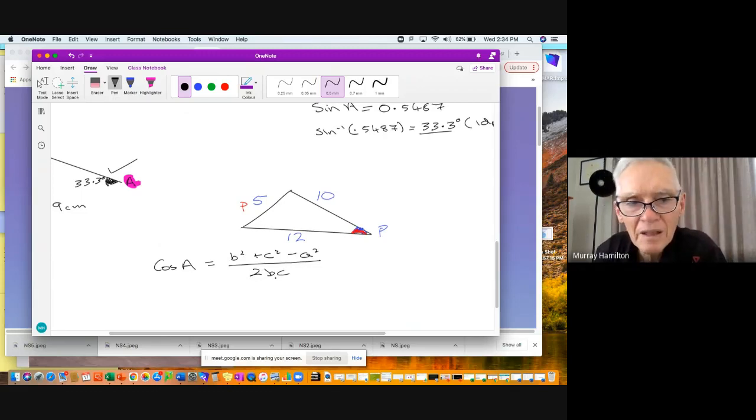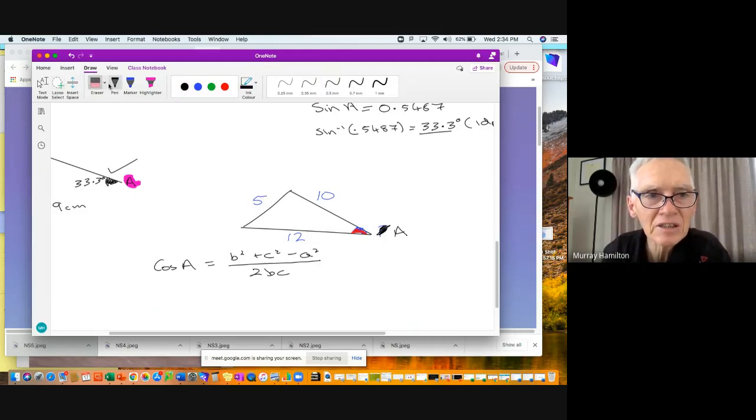So because I want this as A, I have to change this and relabel it as A. So this side here is not little p, it is actually little a. So make sure A goes opposite there. It doesn't matter which is B and which is C. They can go either way around. And then we just work it out.